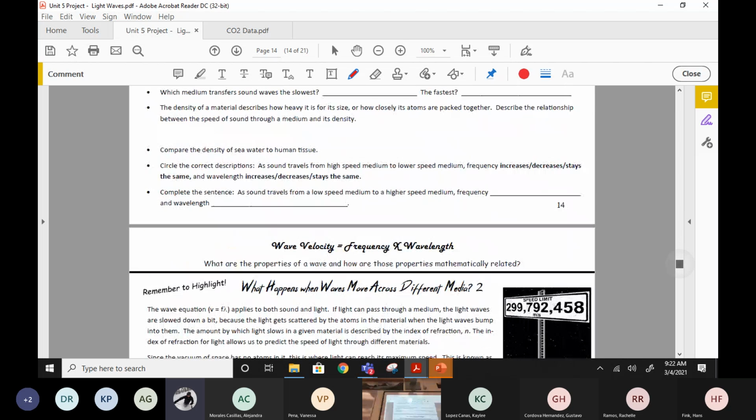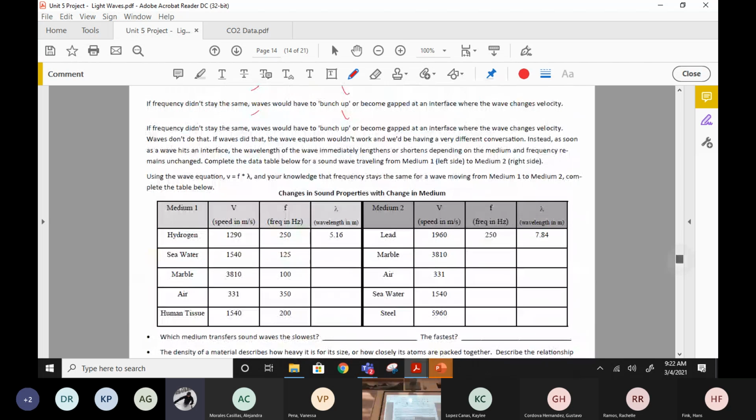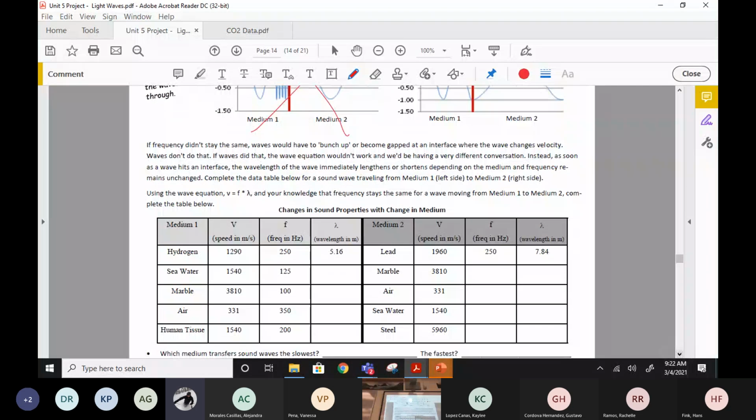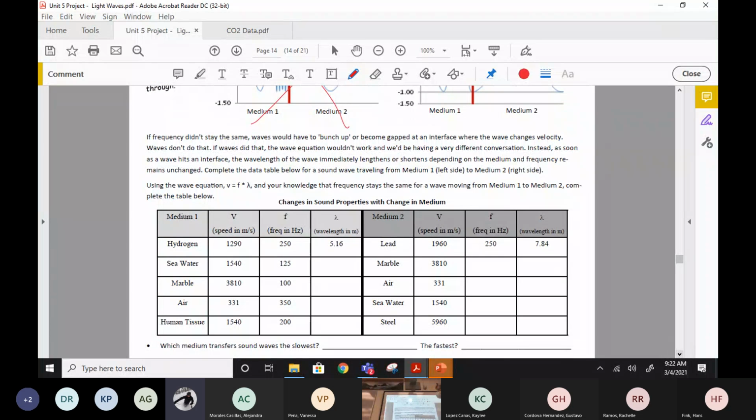So again, we're talking about waves moving from one material to another. If the frequency didn't stay the same, waves would have to bunch up or become gapped at an interface where the wave changes velocity. Waves don't do that. If they did, the wave equation wouldn't work, and we'd be having a very different conversation.